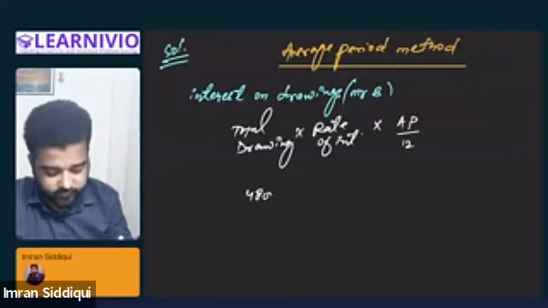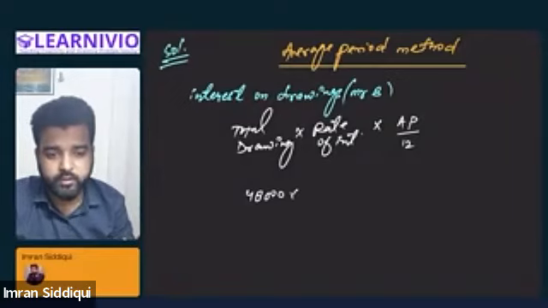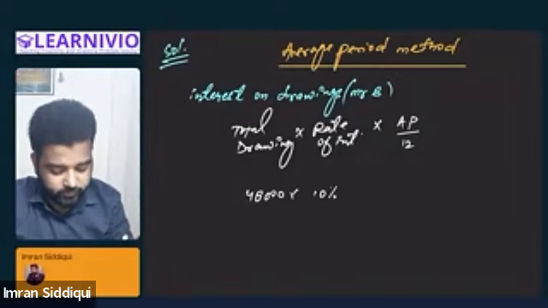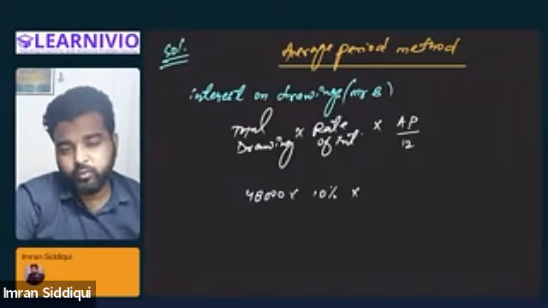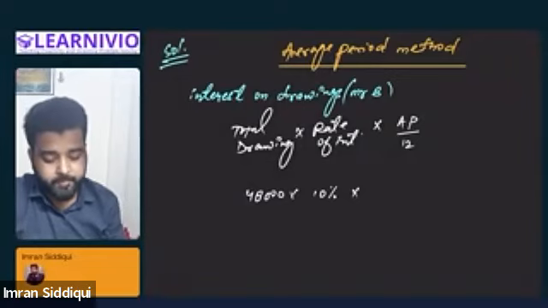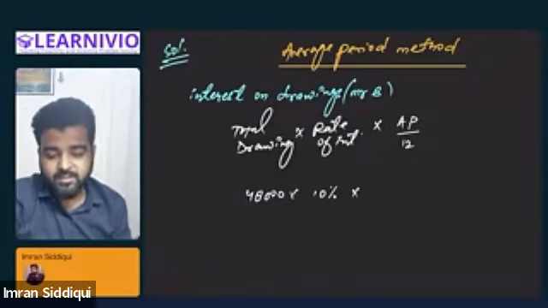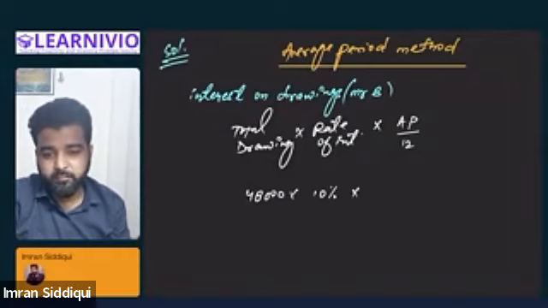It is already given there in the question. Rate of interest is also there. Rate of interest is 10% per annum. And the average period, this time we have to determine. Since the question says that the amount of drawing has been made at the middle of every month.